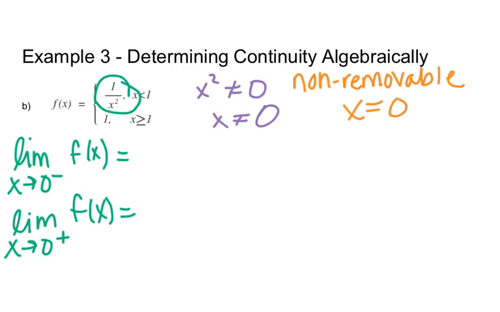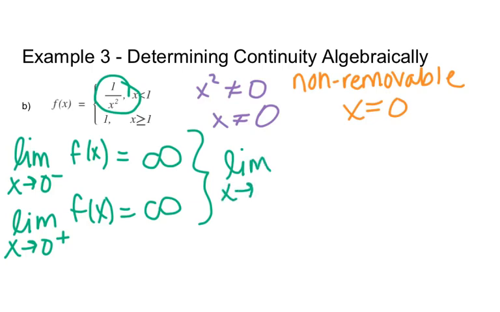However, we are squaring it, so no matter what it is, it's going to end up being a positive 1 over something positive, which means this is going to go to positive infinity. And if we're looking at values slightly to the right of 0, it's a really tiny positive number squared, which is positive, and that 1 is positive, so again positive over positive gives me positive infinity. So the limit as we approach 0 of this function is positive infinity.